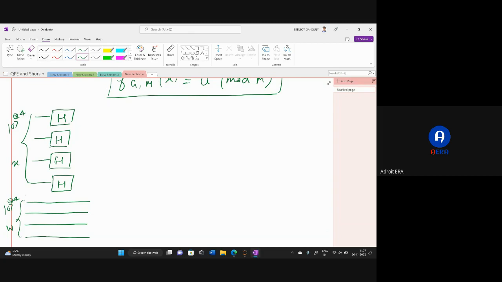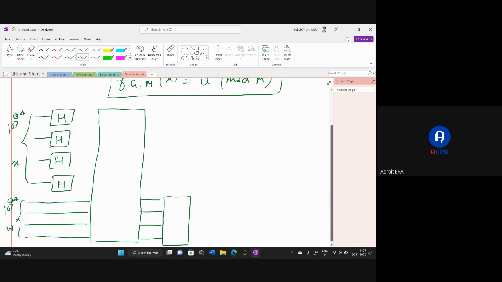Now look at this circuit. This is the function, and we are going to take the measurement of the second register beforehand itself. If you recall, this circuit resembles very much that of Simon's algorithm.